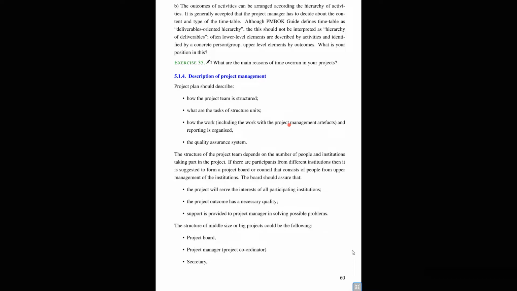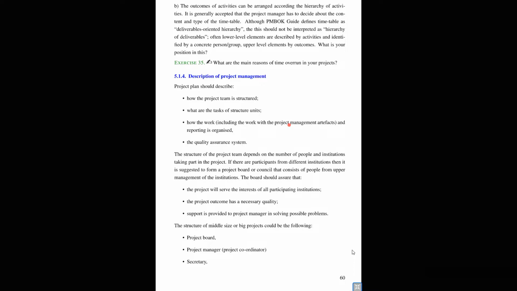People who are in upper management should be in that board or council, because the project that you have is having participants from different institutions.